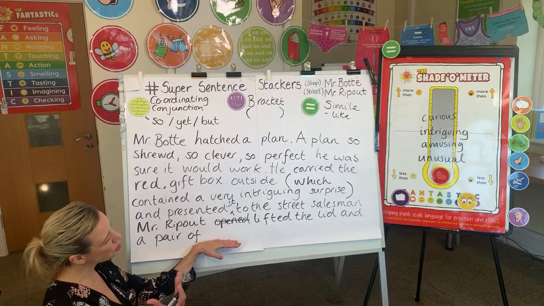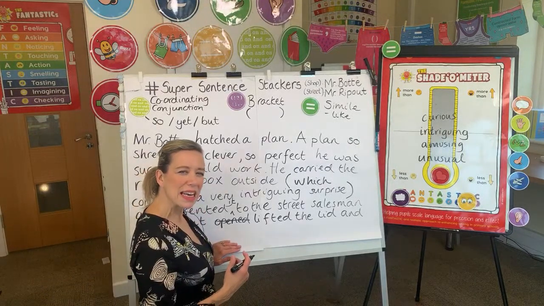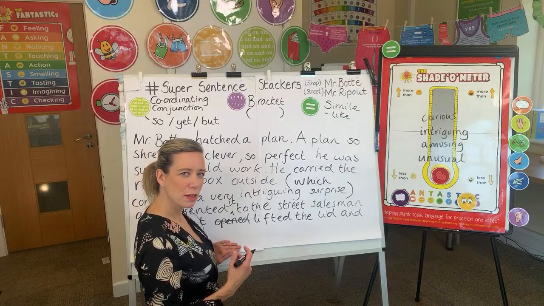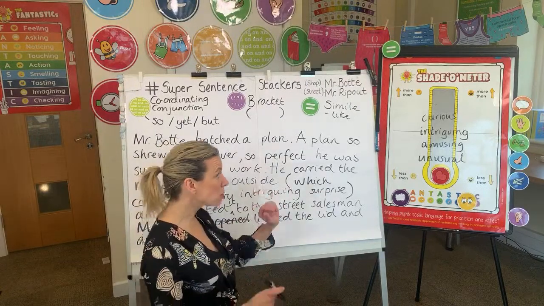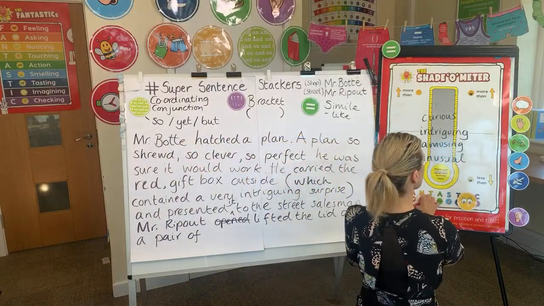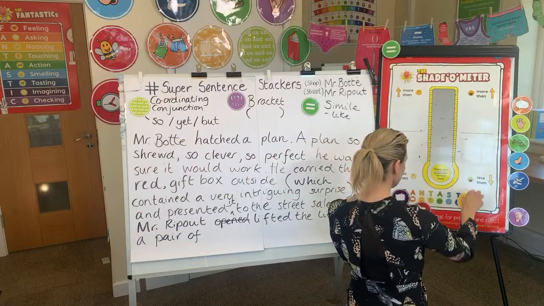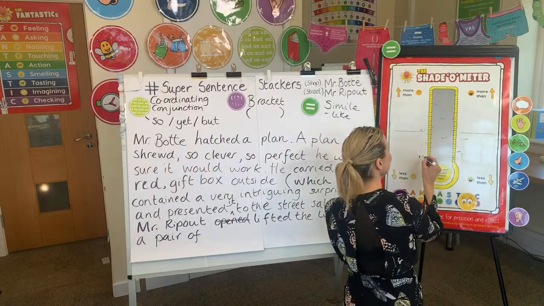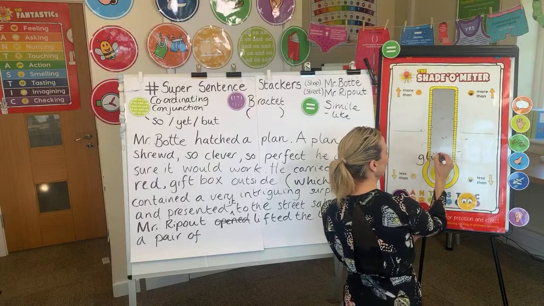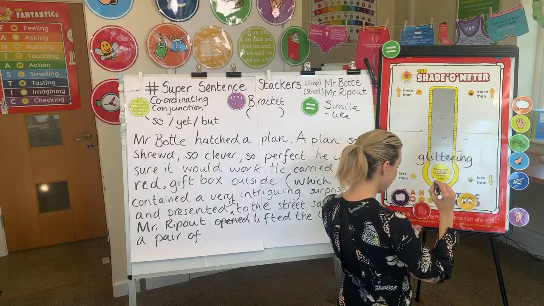So, some really descriptive words. Glittering would be good, but is it the best word? I'm going to do some thesaurus thinking now. Right, here we go. Glittering. I'm going to write that down. Glittering. The glittering gold shoes.